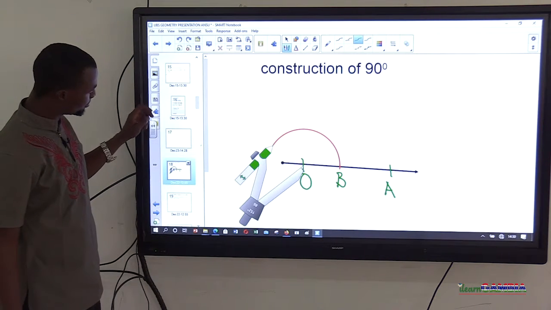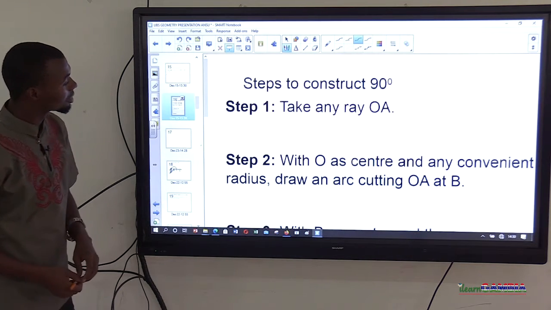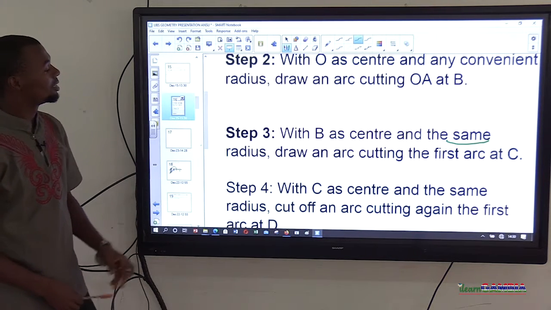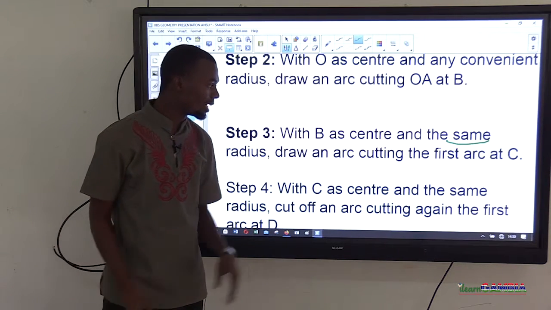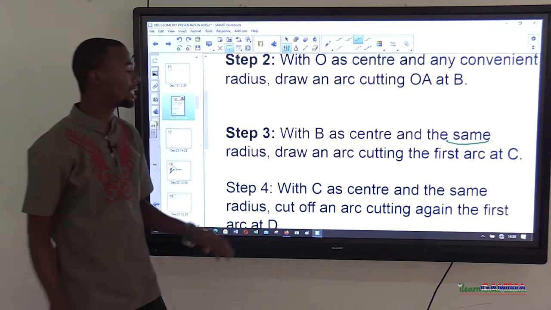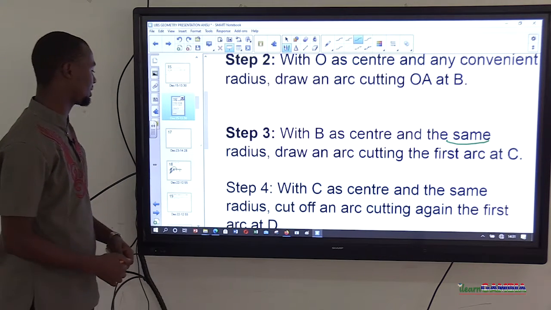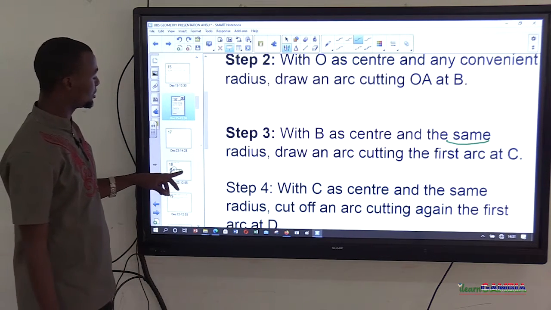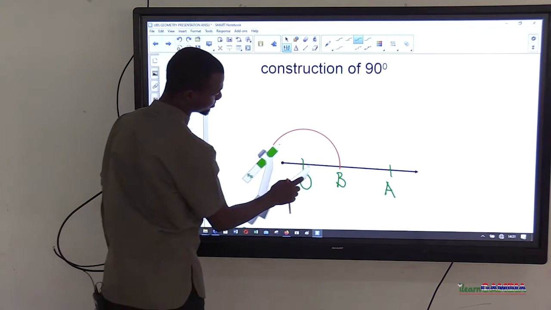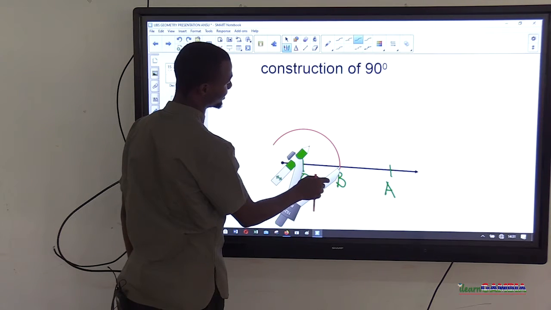We go to the next step, step 3. With B as the center and the same radius, draw an arc cutting the first arc at C. So B is going to be the center.